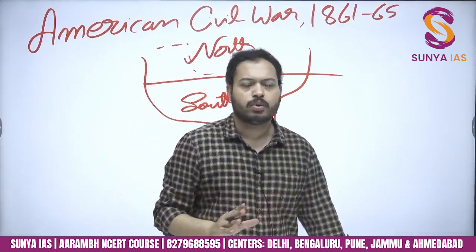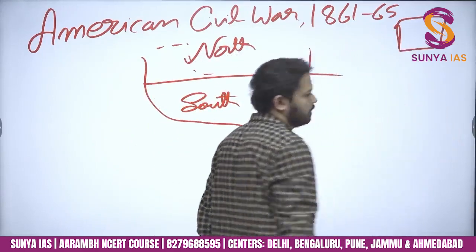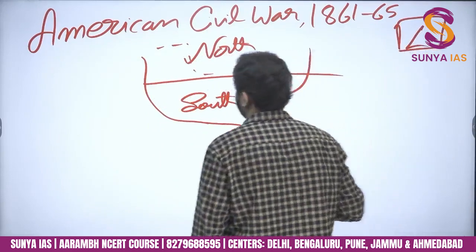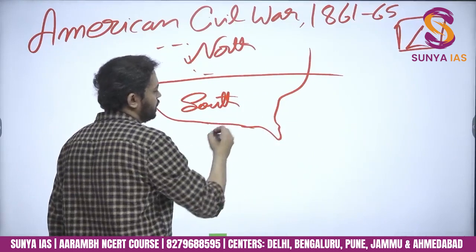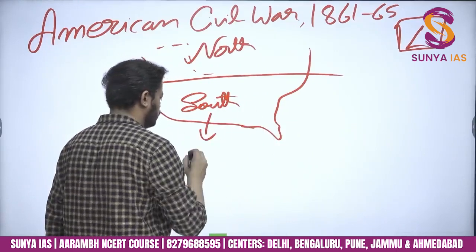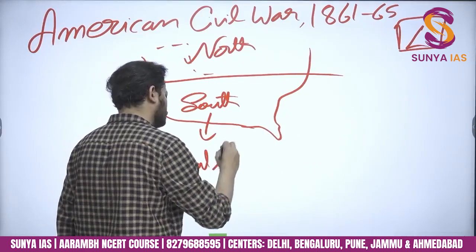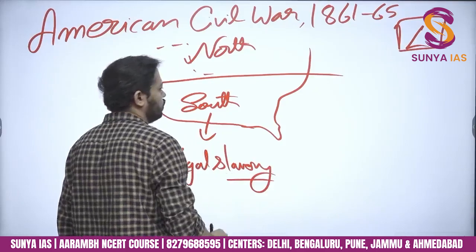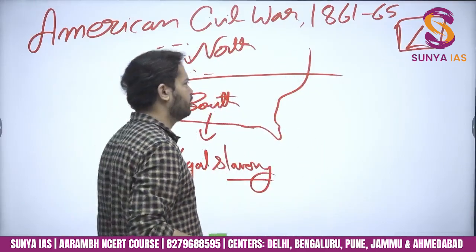Over here is Britain, London. If you see in this map, the southern states used to have legal slavery. Slavery was legal, and usually the African Americans used to be the slaves, 99.999%.